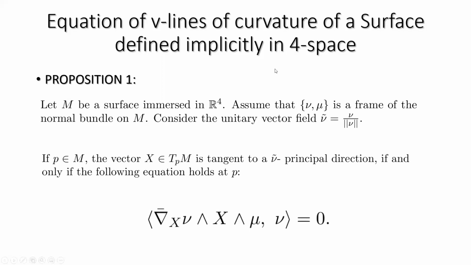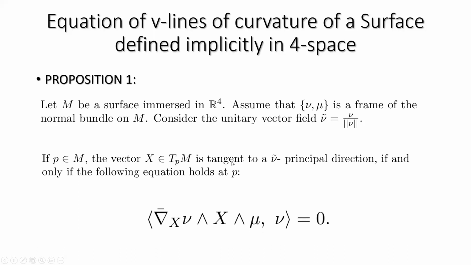We have two normals, a normal frame. You consider this product, which is the projection on nu of this vector. Observe that this vector at each point is the derivative of the normal vector in a tangent direction, and you have the other vector in the normal frame.